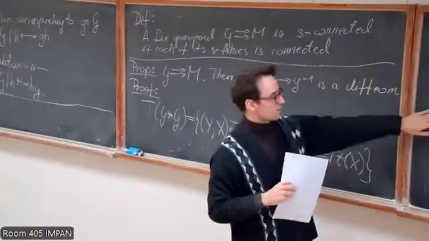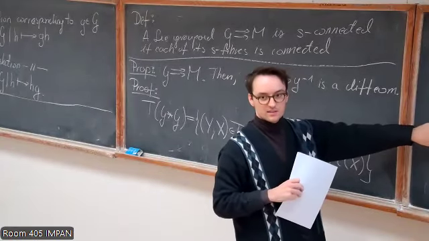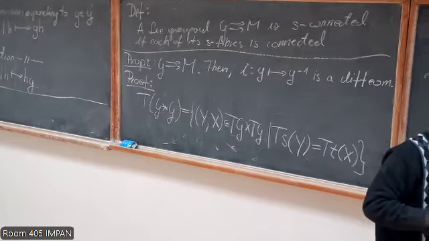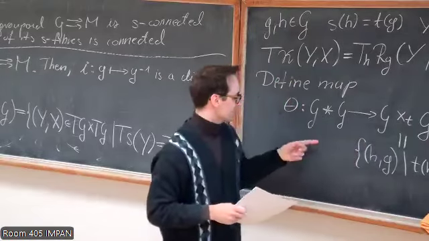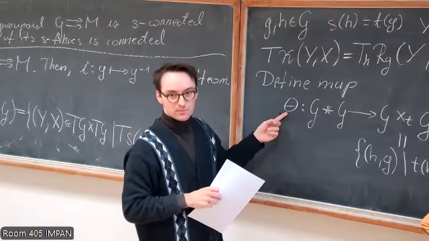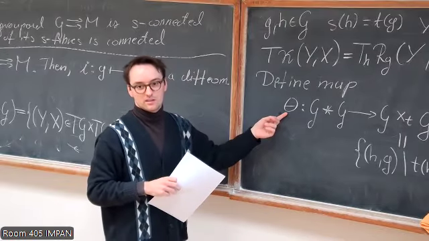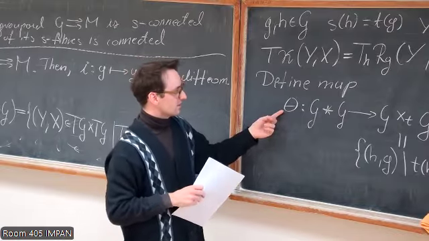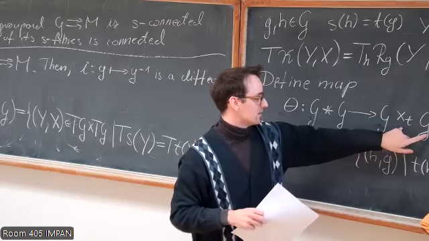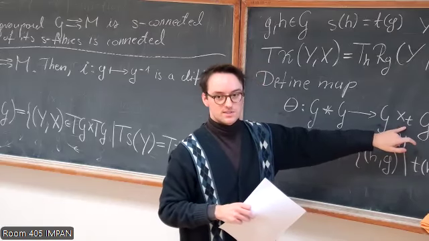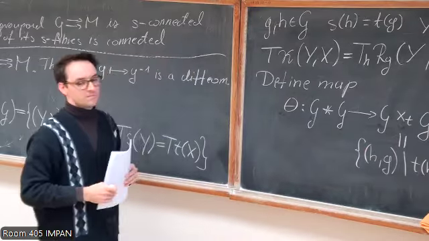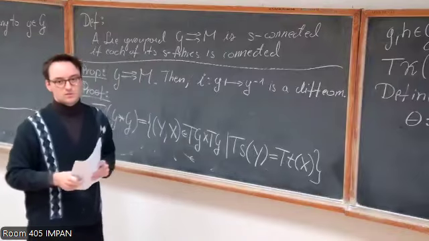Okay, then the idea is to prove that theta is a bijection and an immersion. Then the dimensions of the set of composable arrows and of G times G over the target map are the same, which means that theta is a global diffeomorphism.